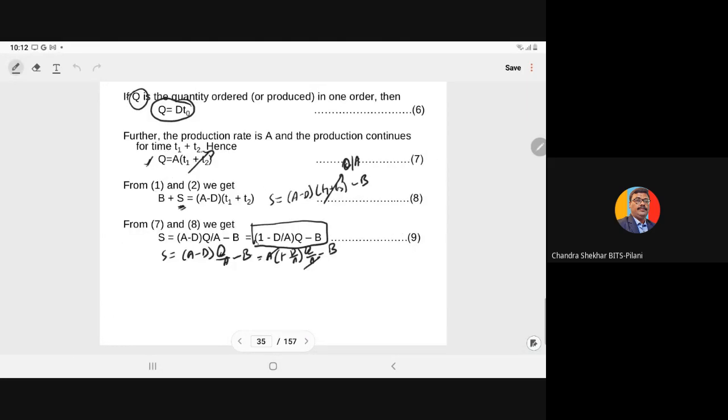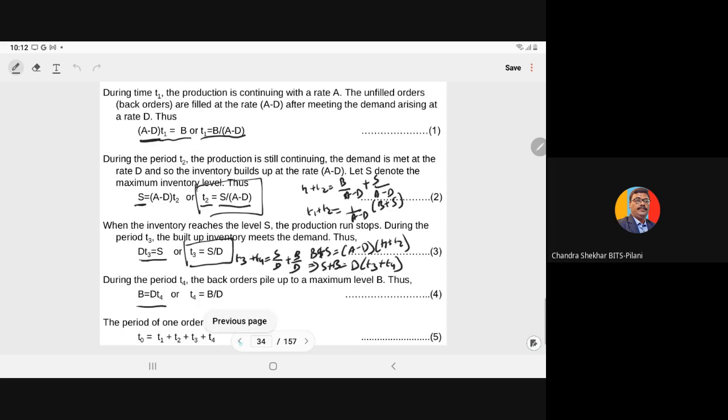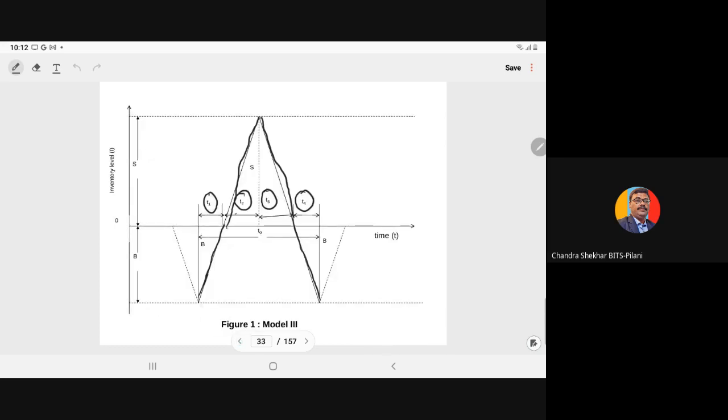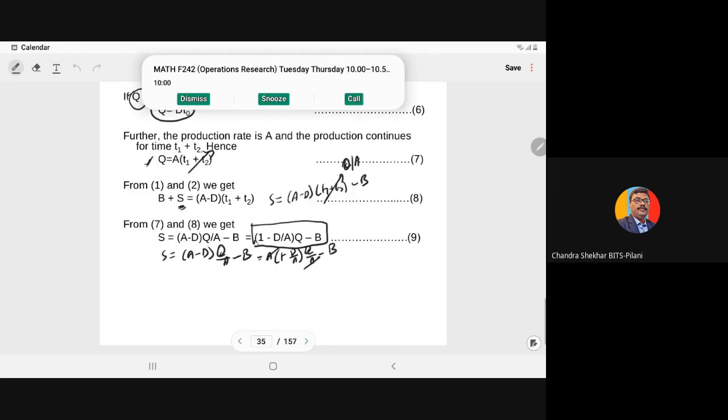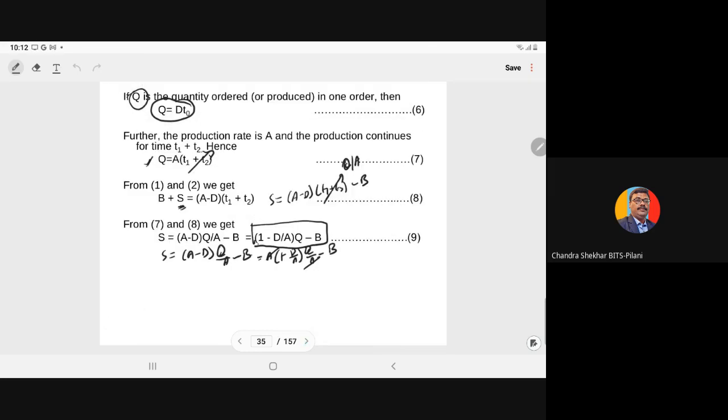Now here you can see that whatever quantity you have generated in this period, you are utilizing the complete quantity. From where we started, here we end. So the total production, that is the quantity Q, is equal to whatever the demand is in this period, so D into T0.